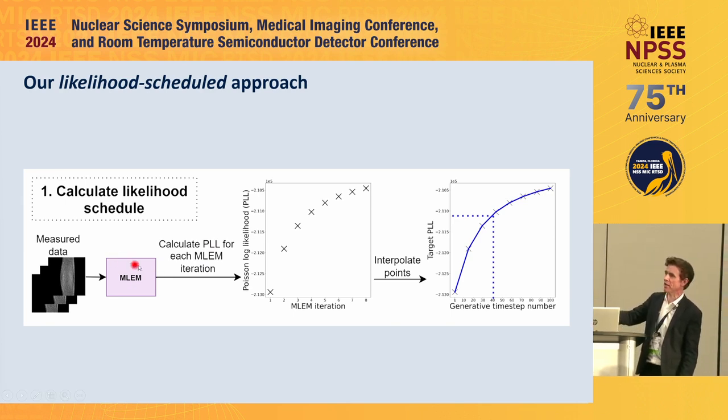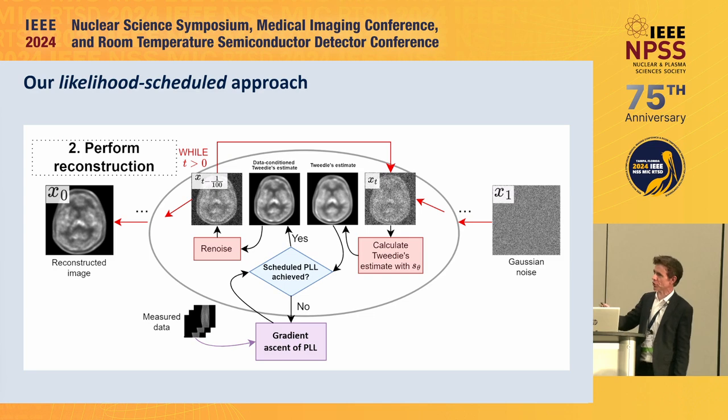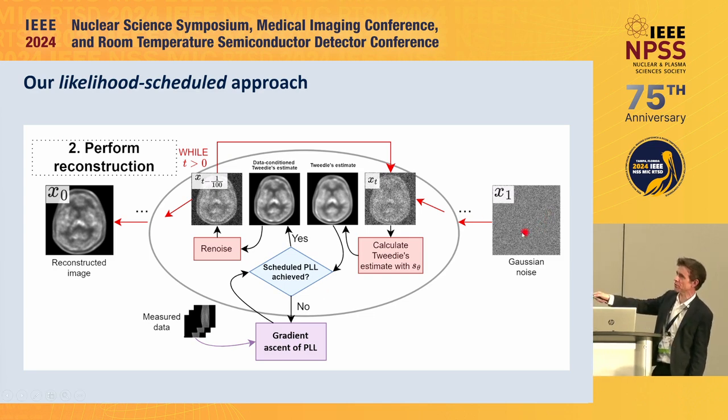We take a regular MLEM reconstruction and we look at the Poisson log likelihood as a function of iteration, and then effectively generate 100 time steps from that 1 to, for example, 8 iterations. And what that translates to is the following. We start off with random noise. What we do first of all then is denoise that using our deep network. That's our denoiser that was very easy to train. So we get a denoised image, and then that denoised image, what we do effectively is use something like MLEM, basically gradient ascent of the Poisson log likelihood to get some target level as defined by conventional MLEM.